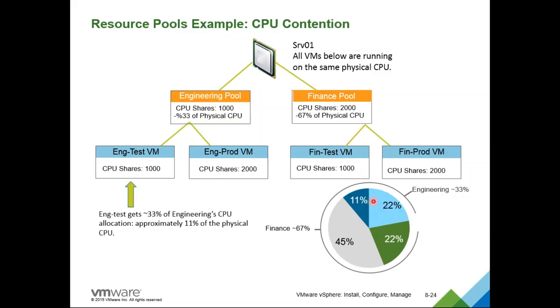Whenever it needs more, it can utilize this portion, the 11% portion, which is already available for your engineering CPU shares. Is that clear or any questions?